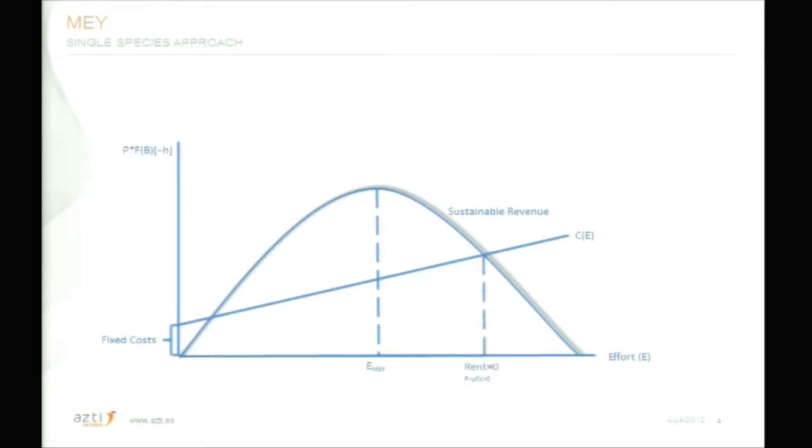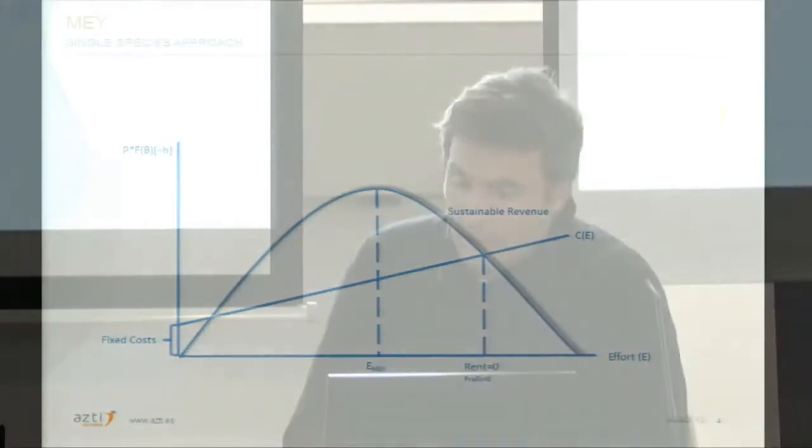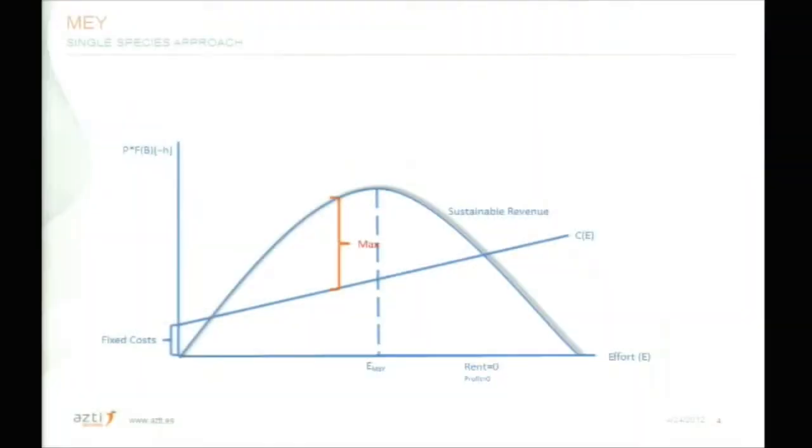So the first point that I want to mention is the point in which rent is dissipated. And the important thing in this point is that, all right, the rent is zero, but the profits can be positive depending on the opportunity cost. So it's an important thing. Obviously, in terms of MEY, in terms of economics, what we want to do is to maximize the difference between the revenue and the costs.